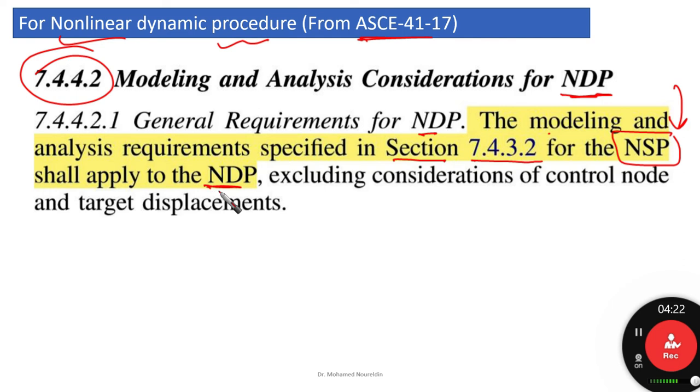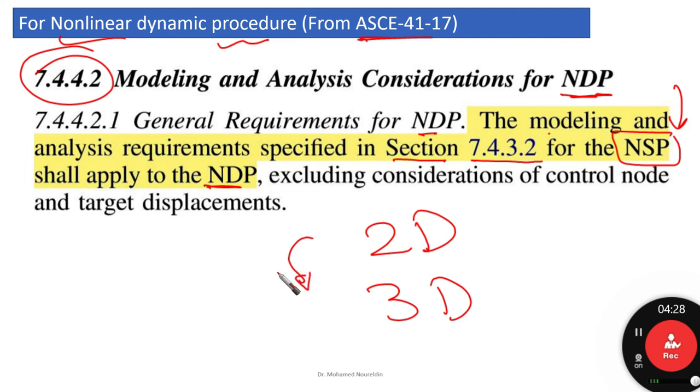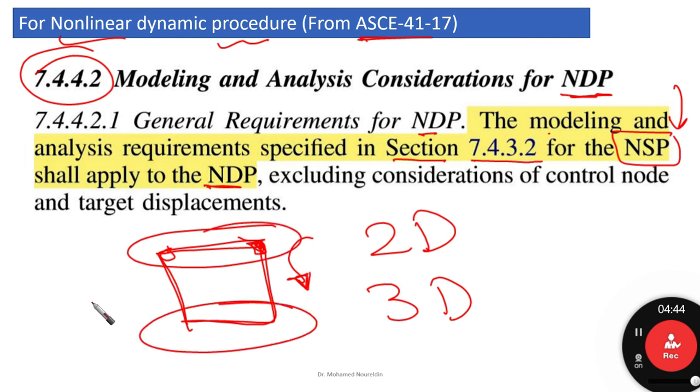So there is no difference here. It is also allowed to use 2D or 3D, and if there is concurrent evaluation based on multi-directional effects, then you need to take this into consideration by making 3D, and if not, then 2D is allowed for your case. You can take 2D for each main lateral resisting system, and you can continue with this.